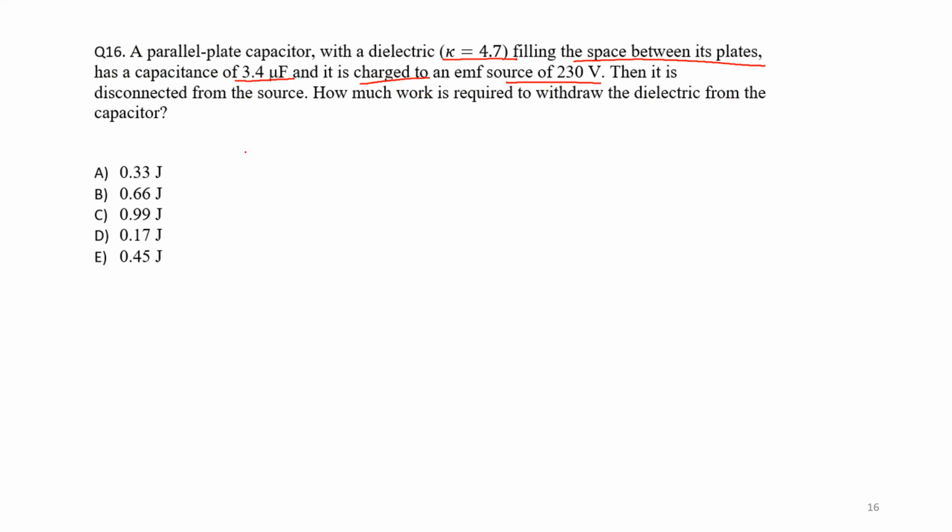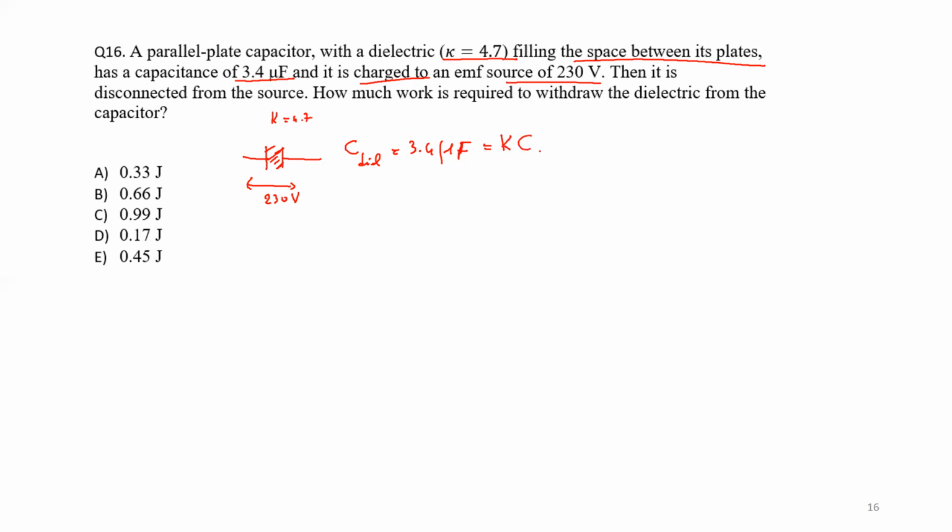Okay, let's solve the problem. So here I have my capacitor. You draw, okay? And it's filled with dielectric, and the dielectric constant is 4.7. And the voltage across here is 230 volts. And C with the dielectric is given as 3.4 microfarad. And as you know, with dielectric, the capacitance has just been multiplied by kappa.